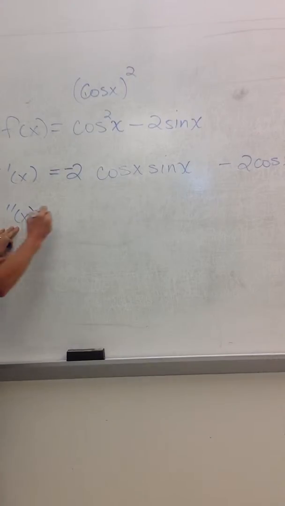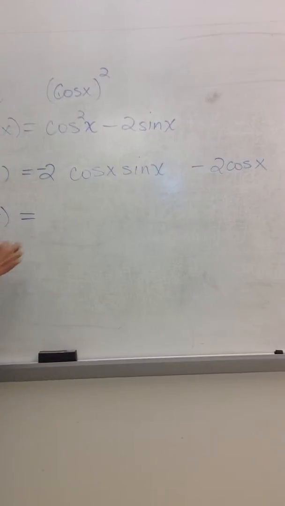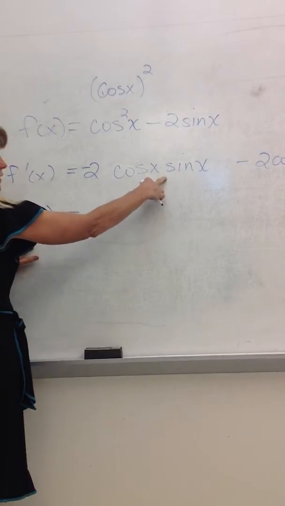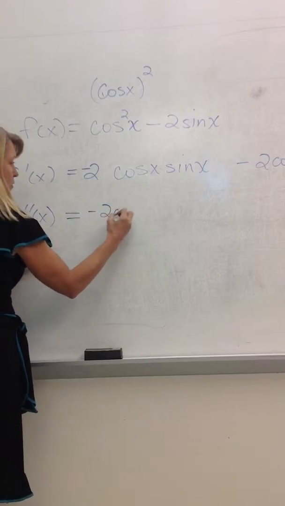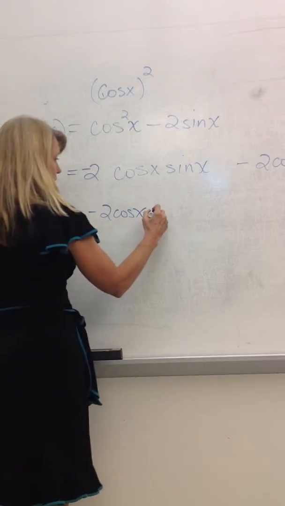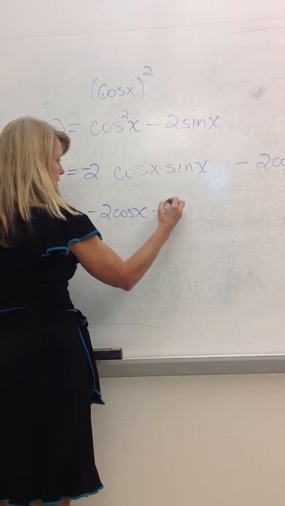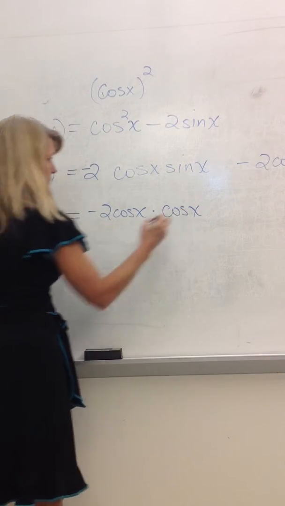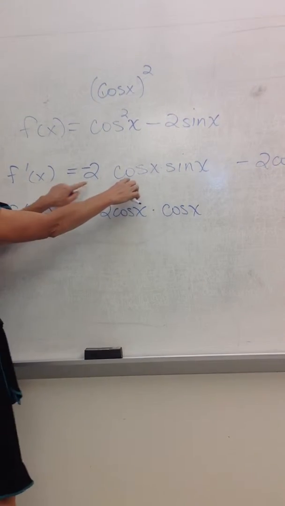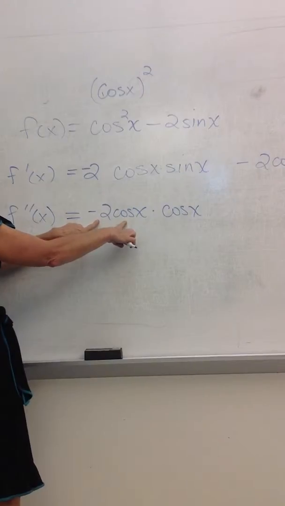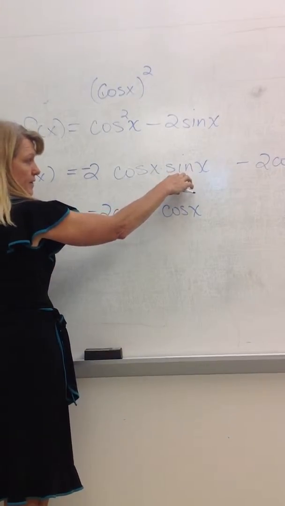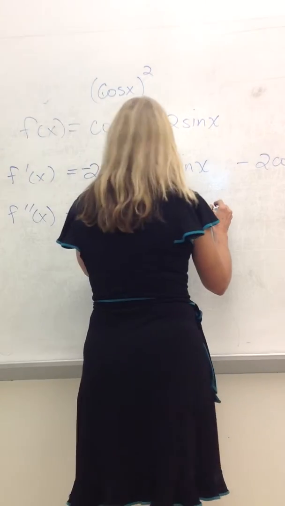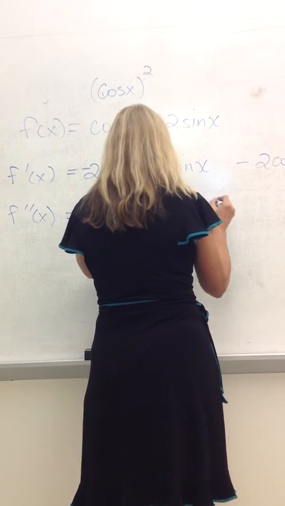Okay, so for my second derivative, I need to do product rule here. So I have the first one left alone times the derivative of the second, and the derivative of sine is cosine.